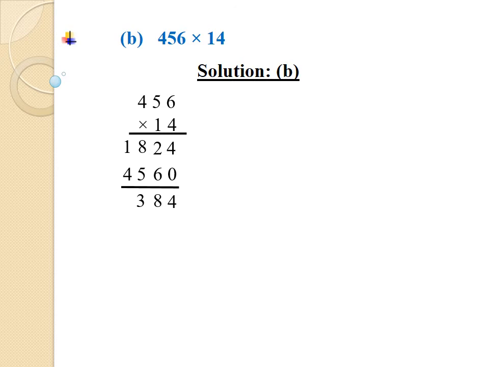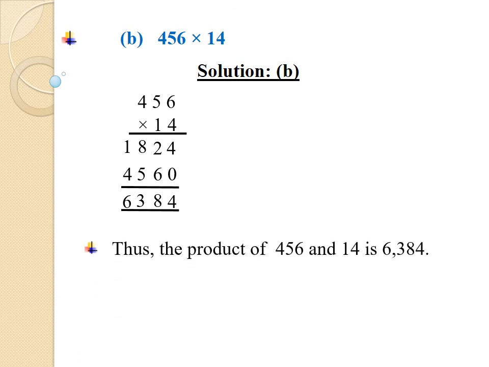Students, now we have to add the digits 1, 4 and 1, which we carry over. Thus, adding 1, 4 and 1, we get 6. Thus, the product of 456 and 14 is 6384.